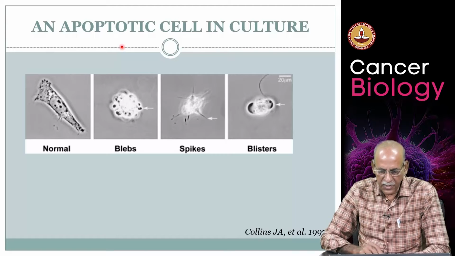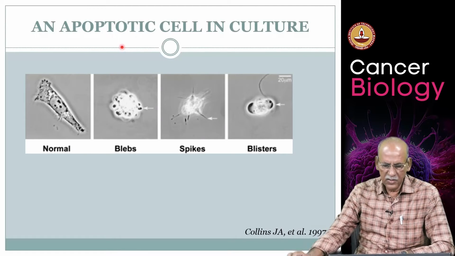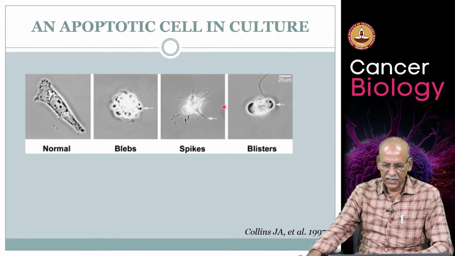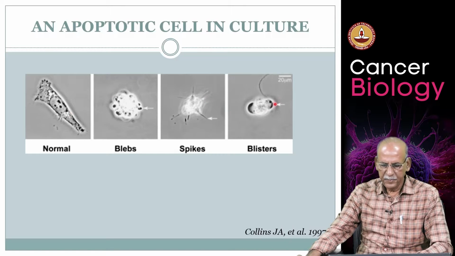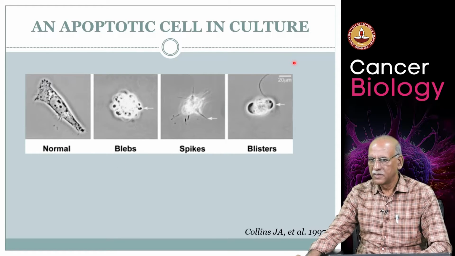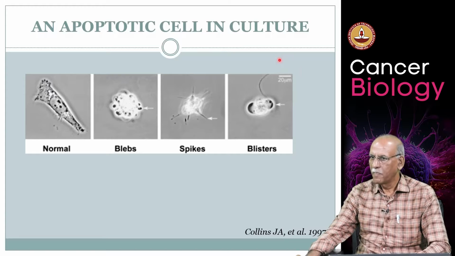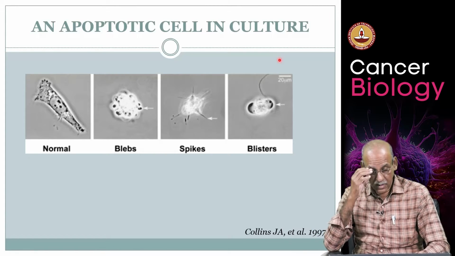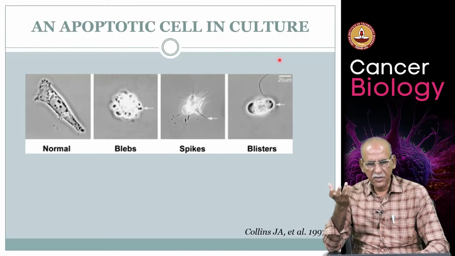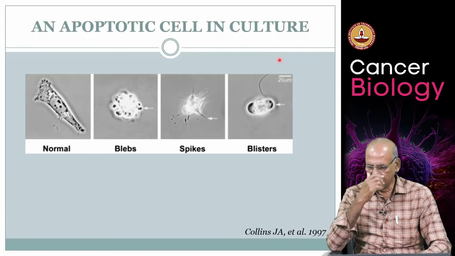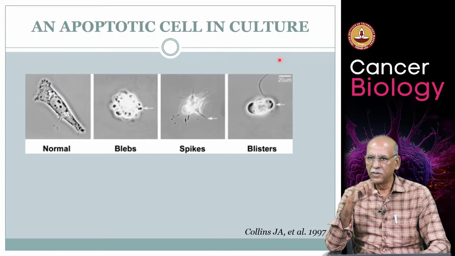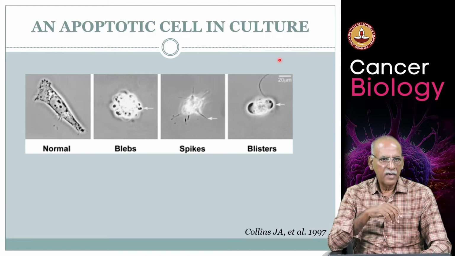Let us look at the apoptotic cells. Because we also do some work on apoptosis in cancer cells, I usually tell my students, before you do any experiment, just look at the cells through the microscope, just to see whether they are undergoing apoptosis, whether cells are dying. Suppose you want to understand whether a particular Ayurvedic concoction or some plant extract has anti-cancer property, the first thing you will do is add that extract to cancer cells in the lab and then look at whether they are dying, right.